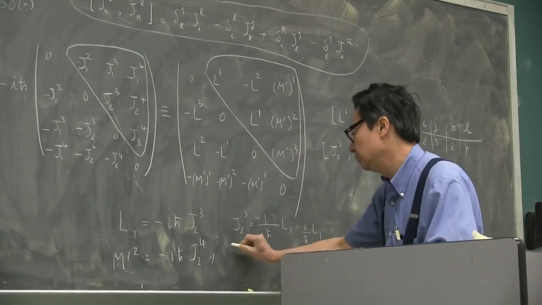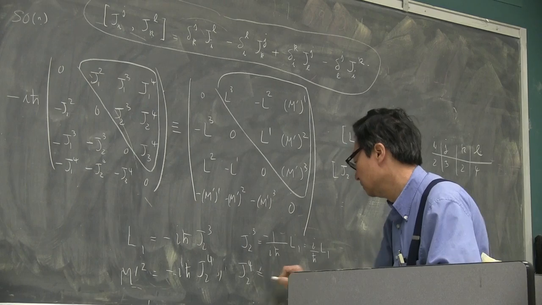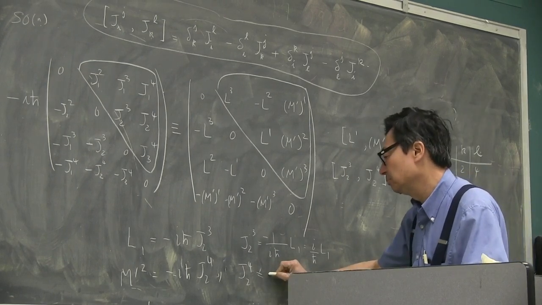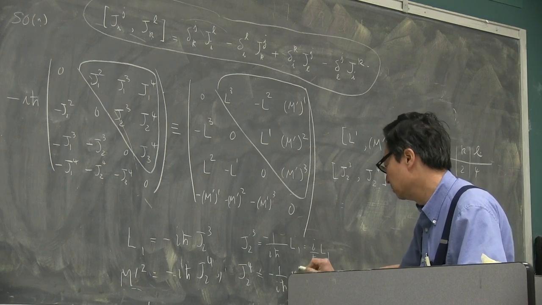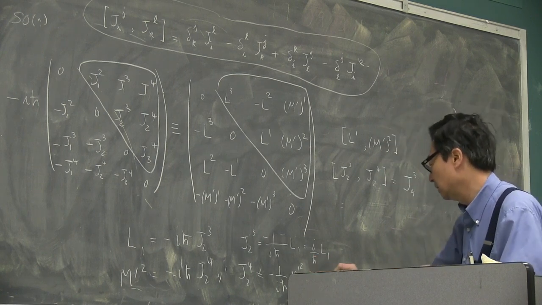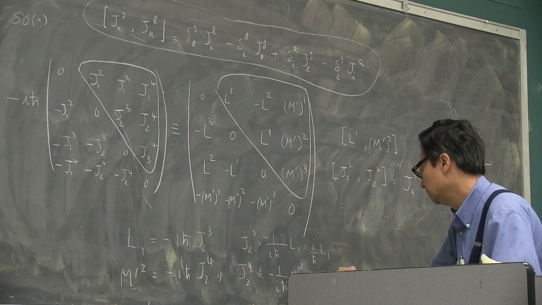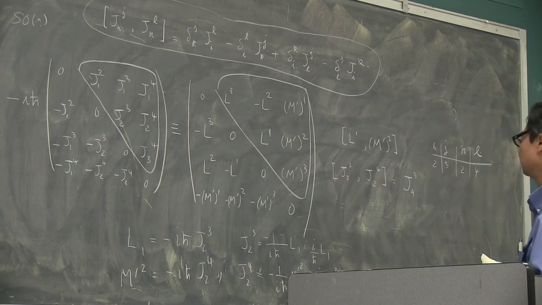So therefore, J24 is equal to minus 1 over I h bar m prime 2. This is again equal to I over h bar m prime 2. Okay?